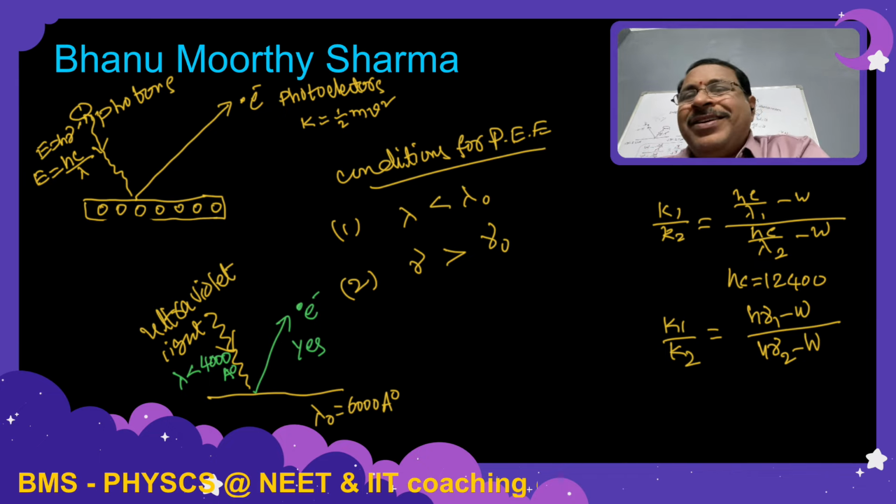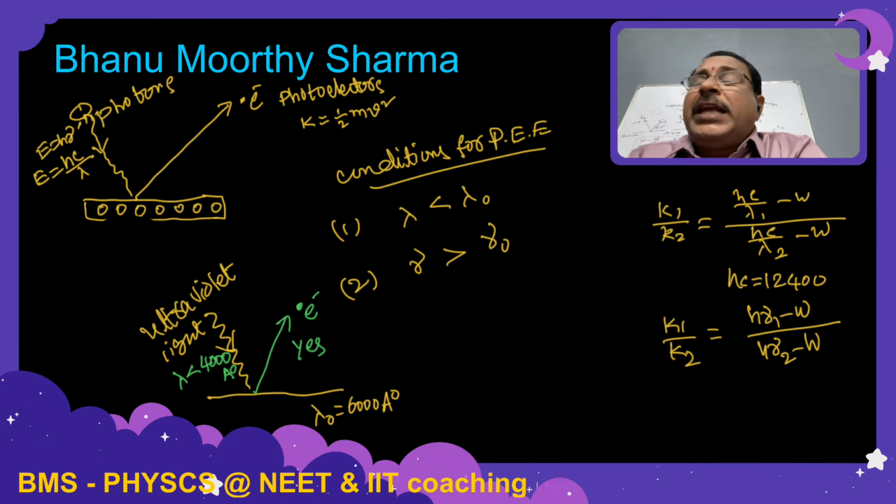Then we have to understand indirectly that its wavelength is less than around 4000 angstrom. But threshold wavelength for the metal is given as 6000 angstrom. So condition number 1 is satisfied. So lambda is less than lambda naught. Therefore, electrons definitely will be ejected. The metal receives sufficient energy and emits electrons from its outermost orbits.